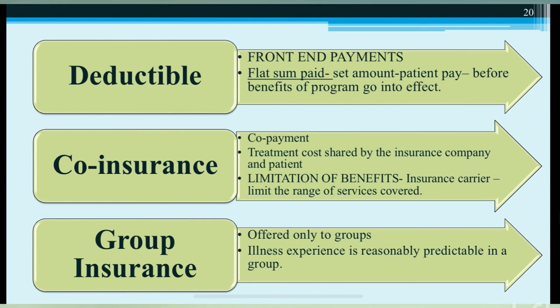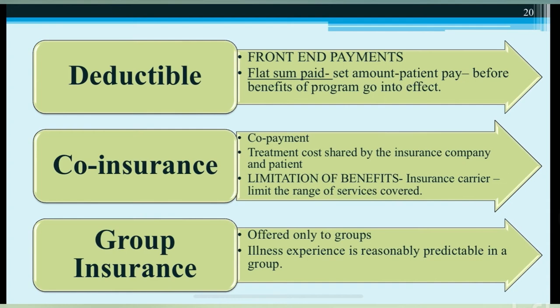The first one is deductible. It is also known as front end payments or flat sum pay. A set amount is paid by the patient before benefits of the program go into effect. The next one is co-insurance, also known as co-payment.